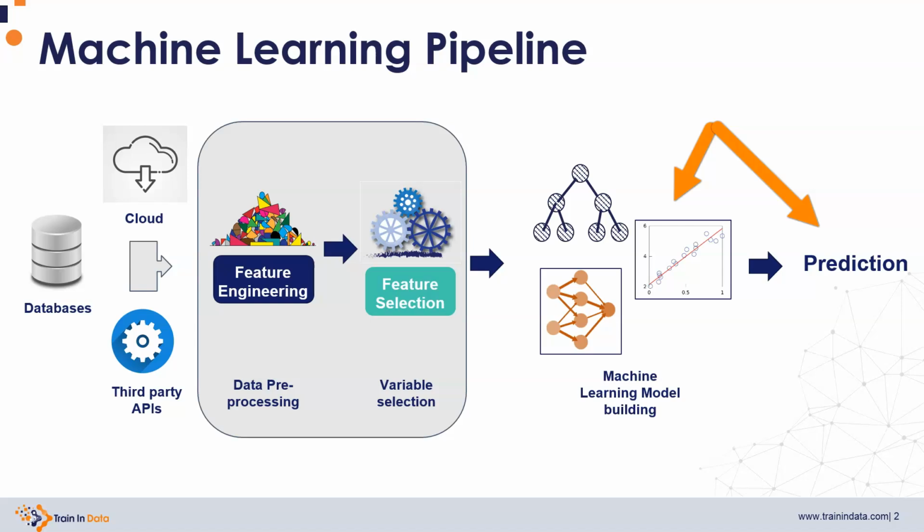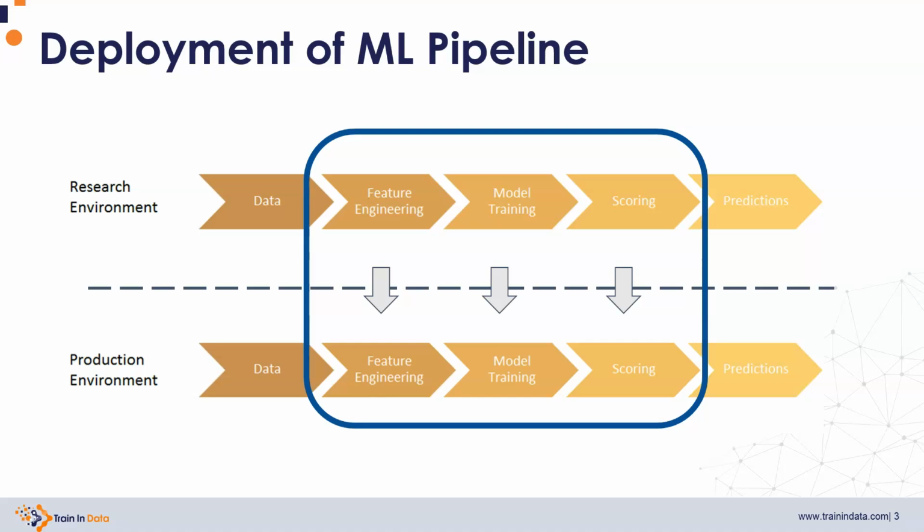Then we finally train the models, obtain the predictions, and evaluate model performance. We mentioned that we need to deploy the entire machine learning pipeline and not just the machine learning model, because what we need to have in the production environment is a complete sequence of steps that takes in the raw data and outputs a final prediction.